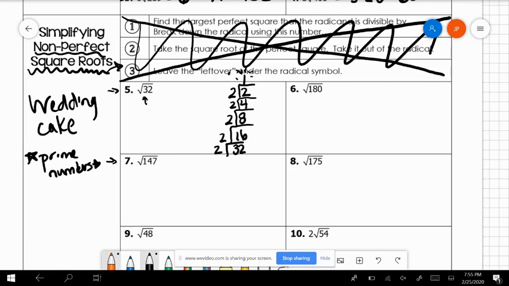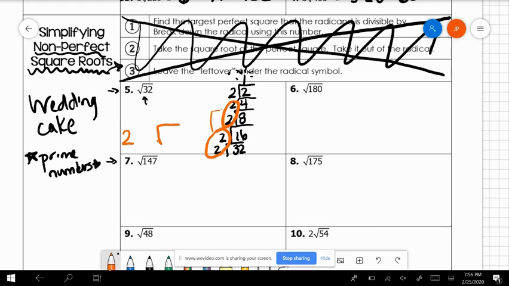Now, the way that this works, the reason that helps me is because once you've got all this, you want to start pairing things by 2s. I want to start to pull out pairs of 2. Now I can do it with these 2 right here. And the way this works is for every 2 that I can pair up, I can pull out 1 to be outside the radical.